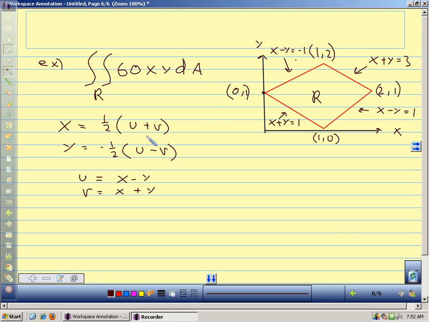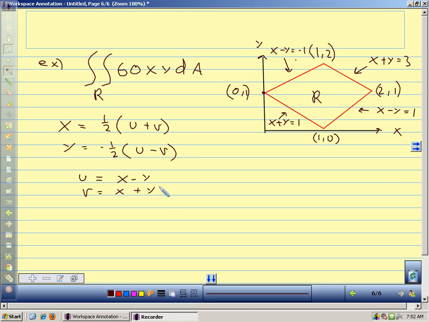Now, if they give you the change of variables, you don't have to go through this process to figure this out. I find this a little easier, just looking at the boundaries. But if you solved these equations for u and v, you would end up with this system of equations. So this system of equations comes from this system of equations. But the boundary is what motivates this substitution.